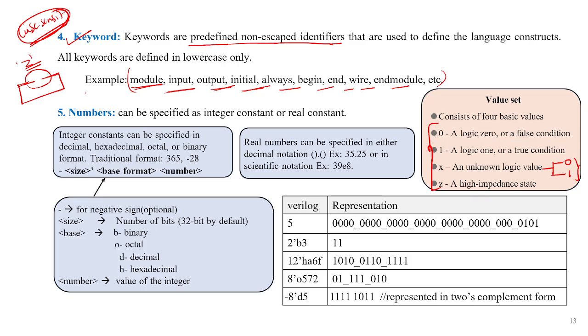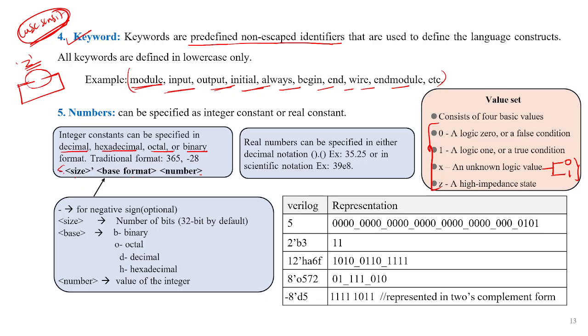Next, number specifier. This is the syntax: the number can be decimal, hexadecimal, octal, or binary. The format is size, tick, base format, number.